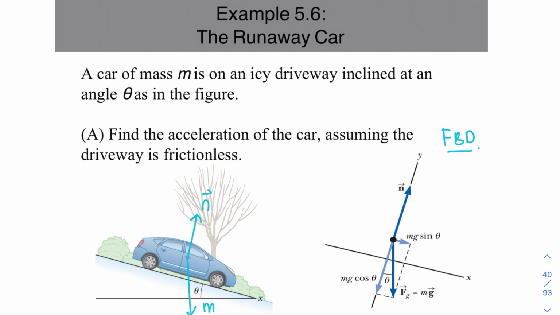Remember, weight always points to the center of the earth. We have to understand that weight exists due to the attractive force between the mass of the car and the mass of the earth. That is why the weight is always at the center of our object, pointing to the center of the earth.